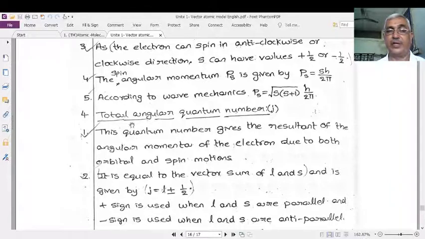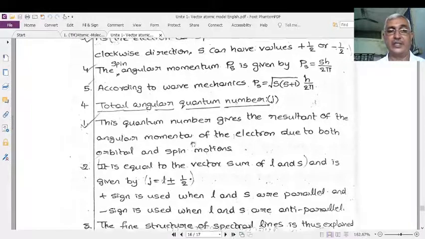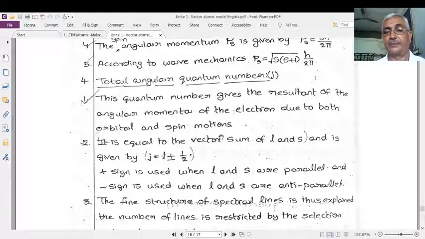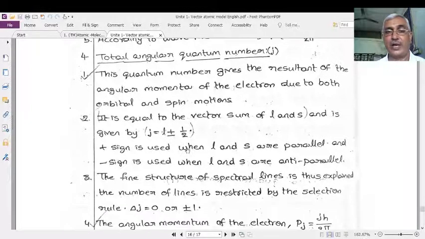Therefore, the total angular quantum number J is equal to L bar plus S bar. Here plus is the vectorial addition.